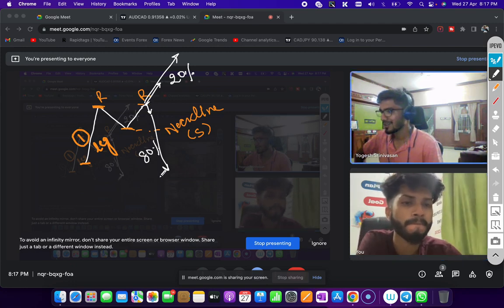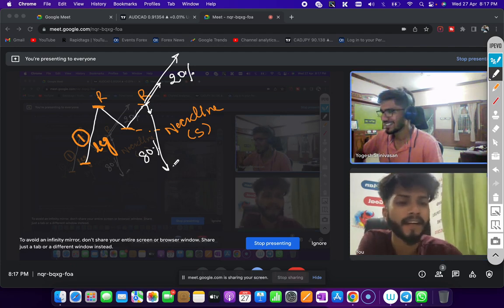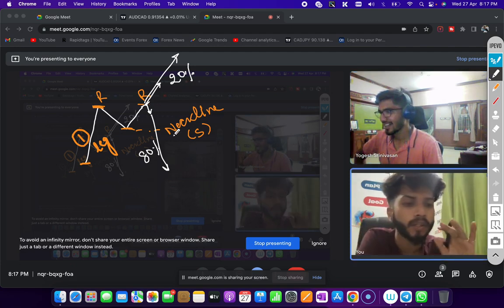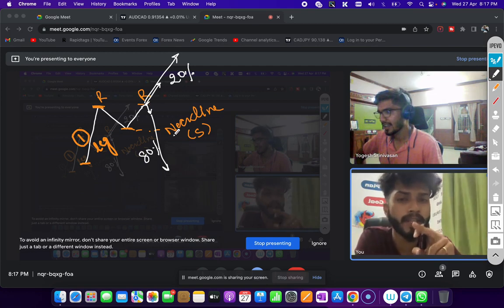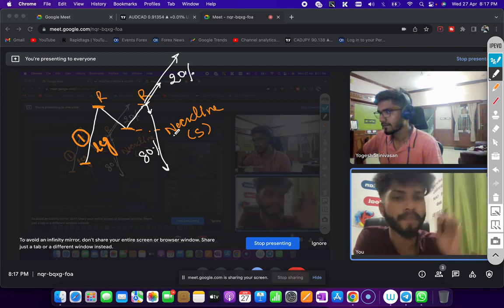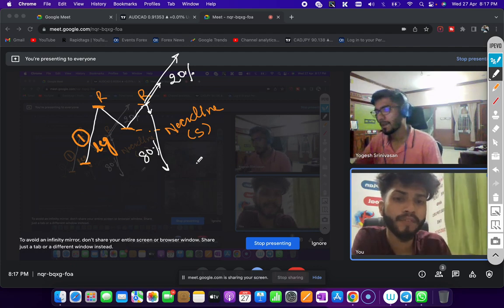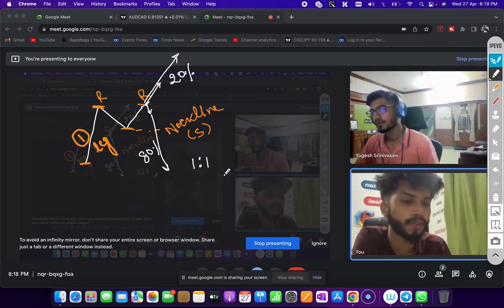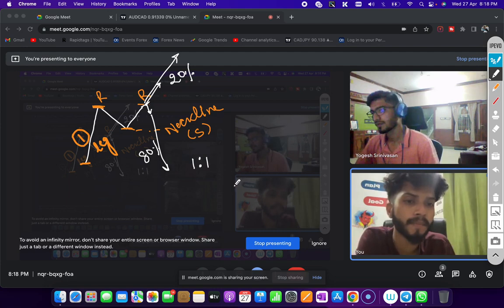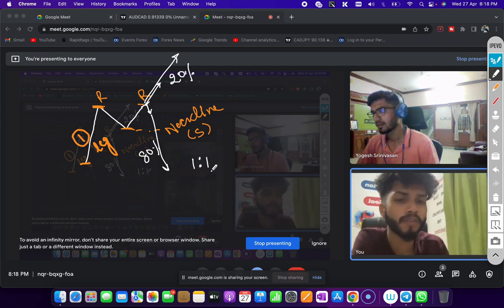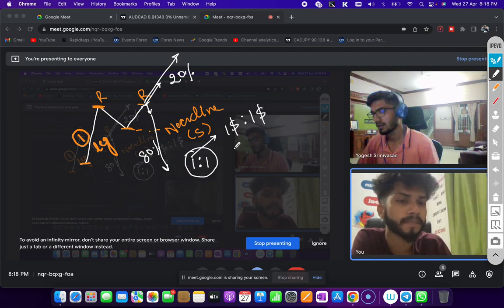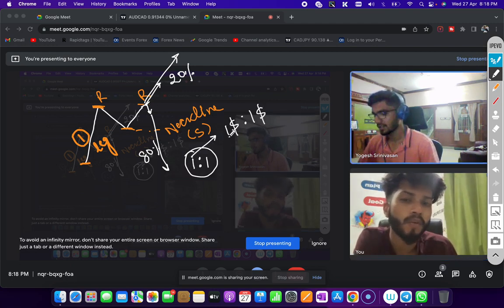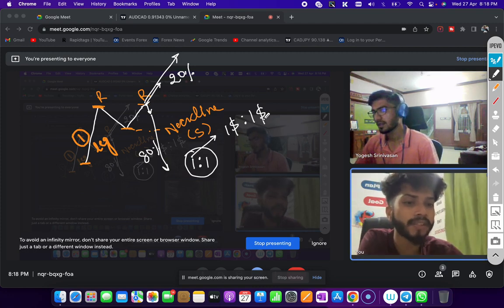If this is working 80% of the time, now if you take a risk reward ratio of 1, I guess you know what a risk reward ratio is. A risk reward ratio of 1 means that you are risking $1 in order to gain $1.